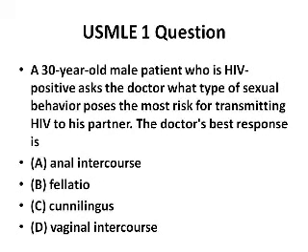Fellatio is a woman practicing oral sex on a man. C, cunnilingus, and this is a man practicing oral sex on a woman, or D, vaginal intercourse. Well, the best response here is A, anal intercourse. That's when there's the greatest risk of sexually transmitting HIV to a partner.